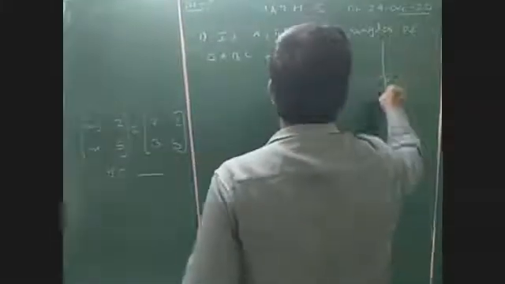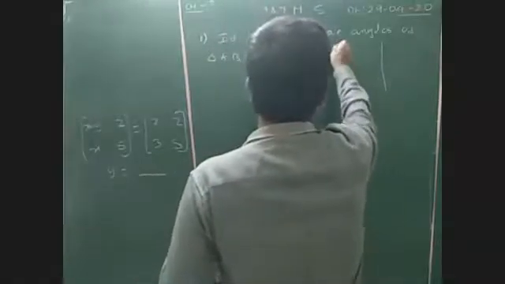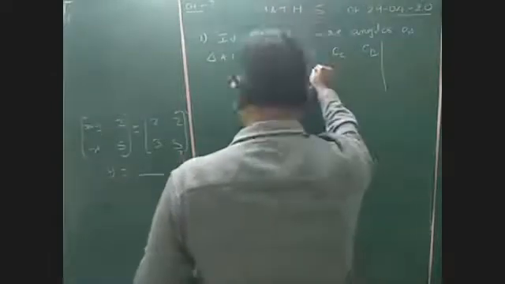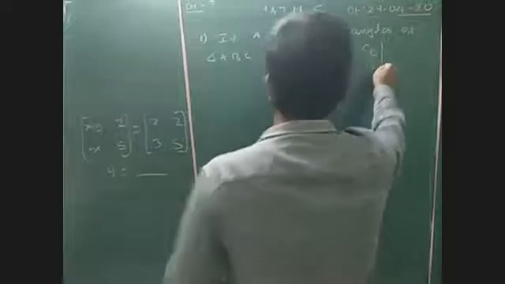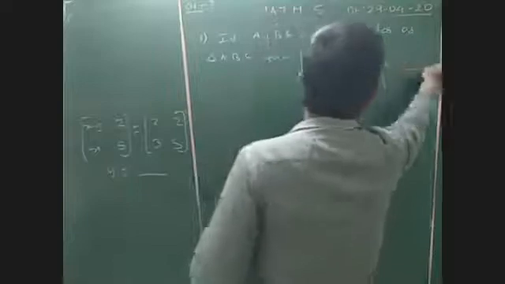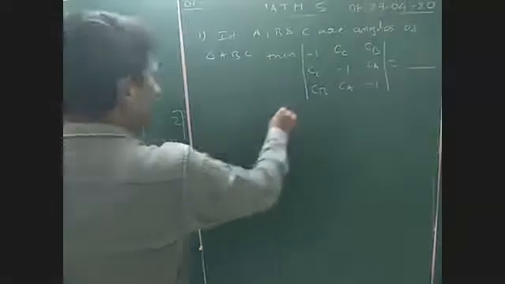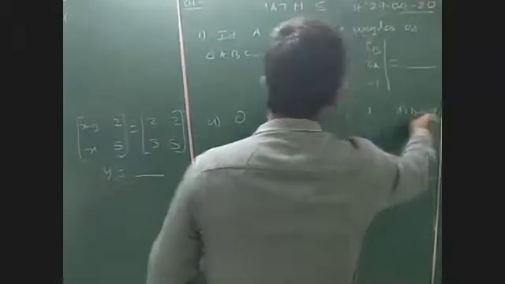Determinant of -1, cos C, cos B; cos C, -1, cos A; cos B, cos A, -1 is equal to what? A option is 0, B option is -1, C option is 1, D option is none. All of you check it.